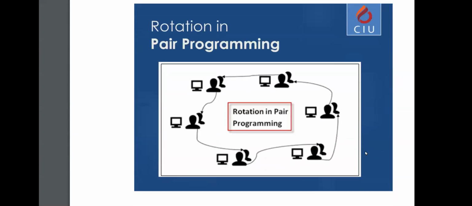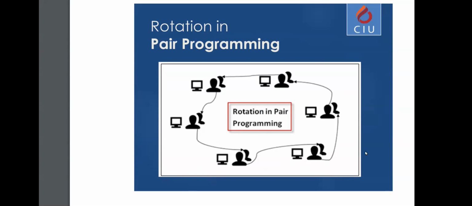So how does this work? Basically, people work in pairs, and they work on a specific part of the program, and every once in a while, with every cycle, those roles can change. A pair can move together to another part of the project.